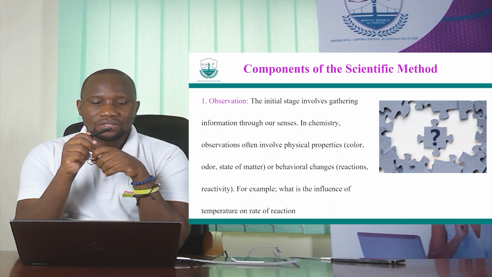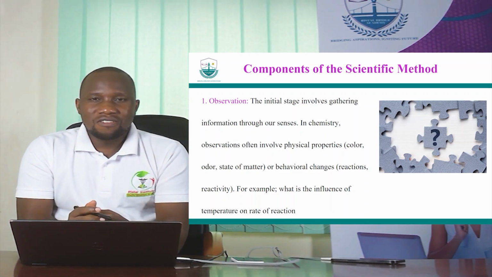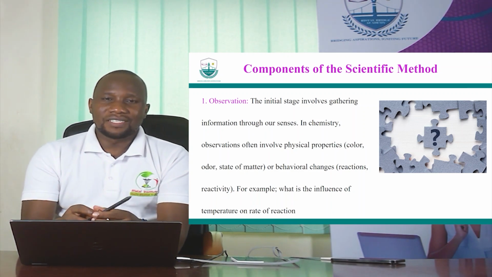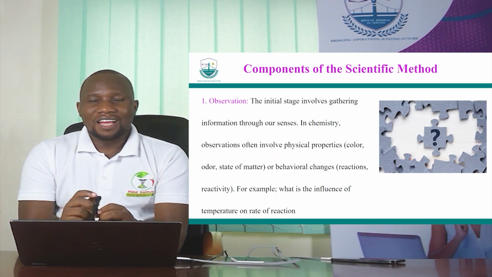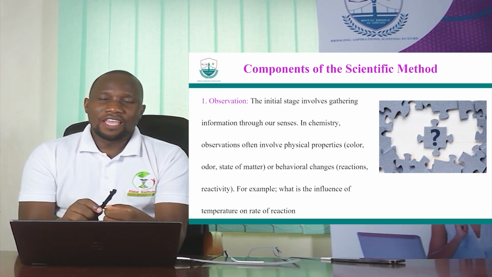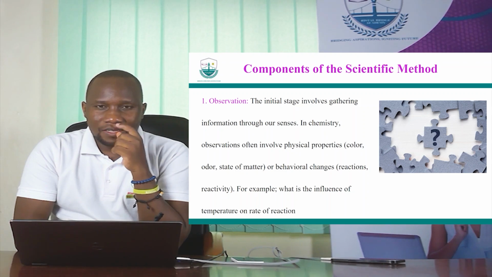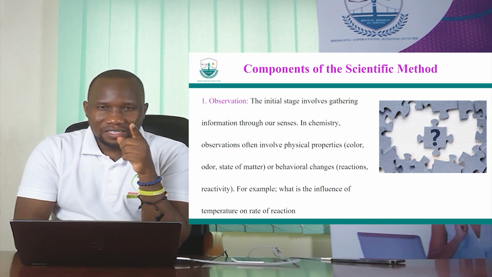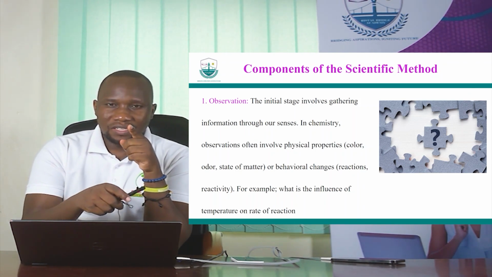Okay, observations. In our environment, there are a lot of things that are happening, or even things that we experience ourselves. So a scientist needs to be a person who is keen. They can use their eyes to see and say, hey, I see that every afternoon these organisms come and move around this area.